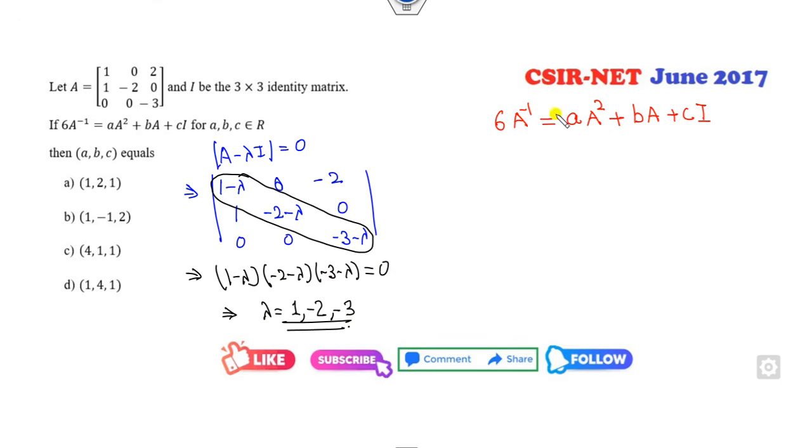Fine. Now you can substitute the answers. So A has the eigenvalues 1, minus 2, minus 3. Can you find the eigenvalues of A inverse? 1, minus 1 over 2, minus 1 over 3.